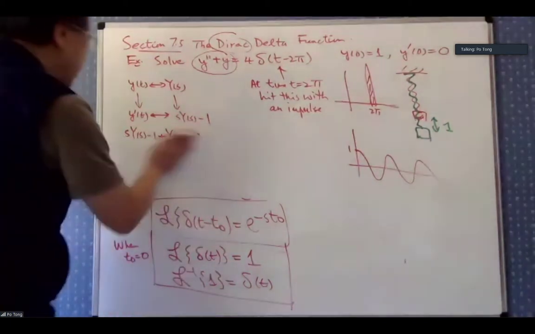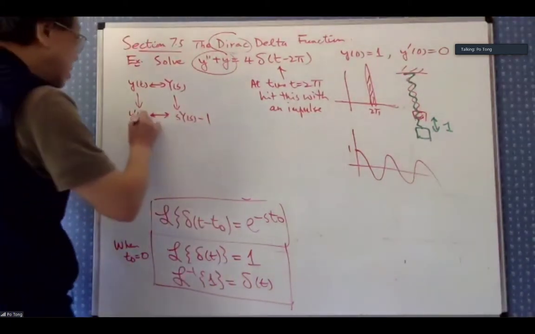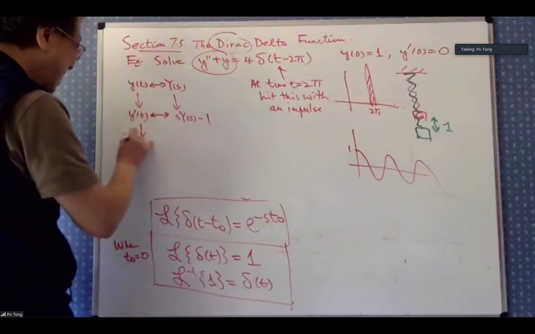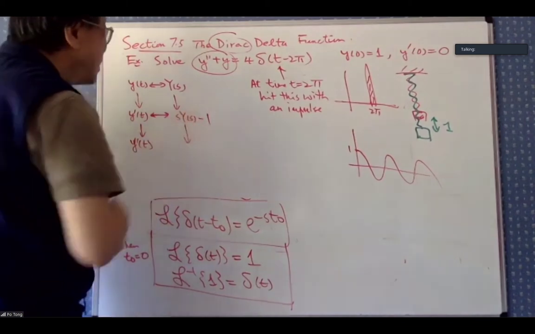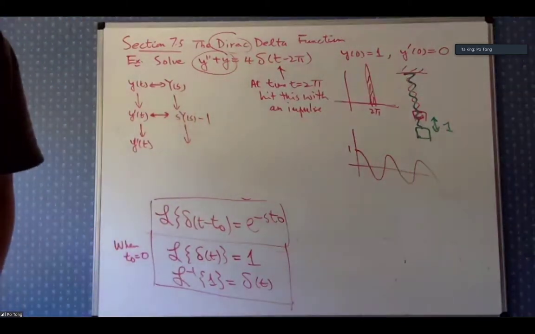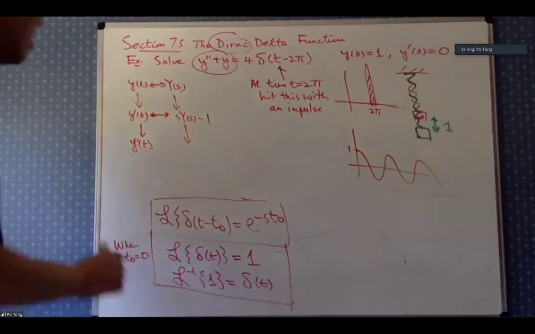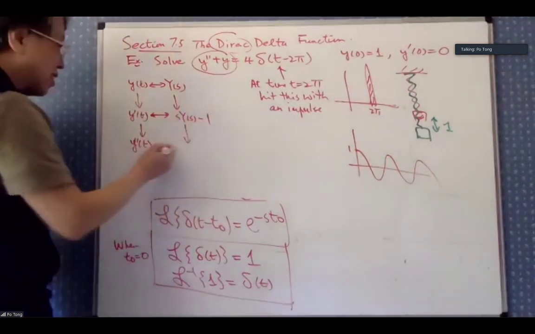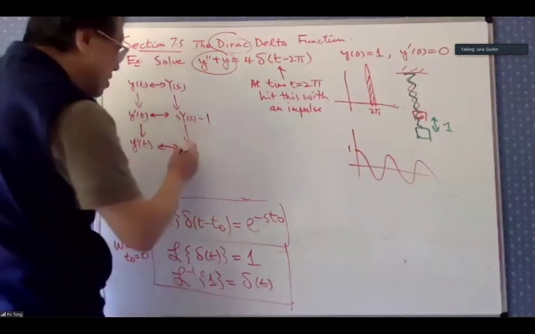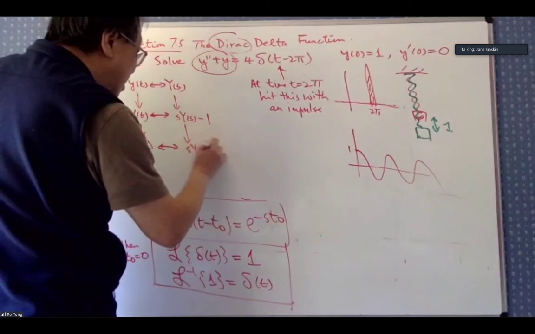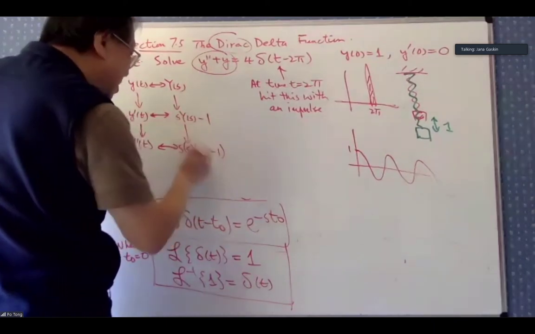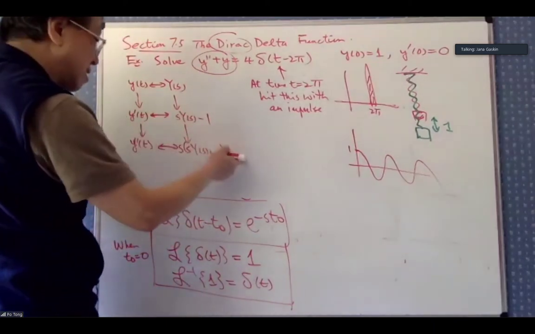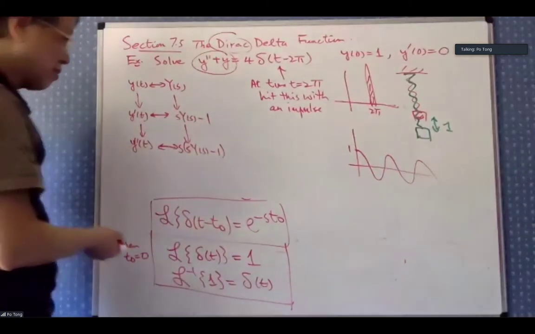Oh, y double prime. Thank you so much. So what do I do here? s times sY(s) minus 1, and then you would subtract y prime of 0, but that's 0. Yes, exactly. Thank you so much.